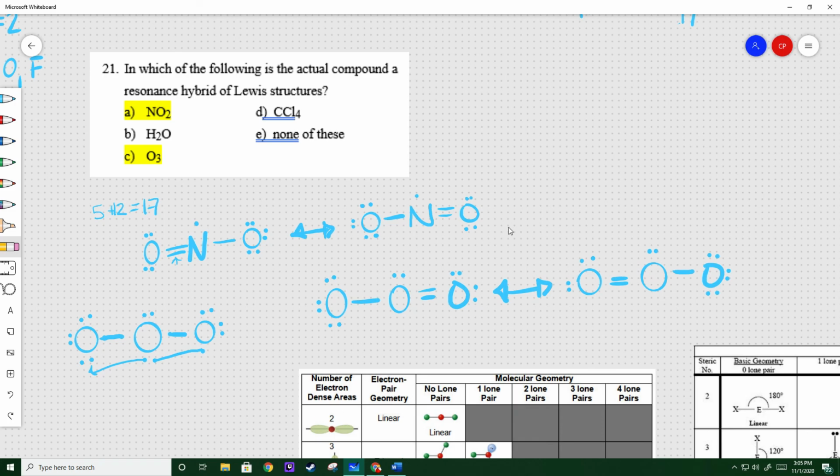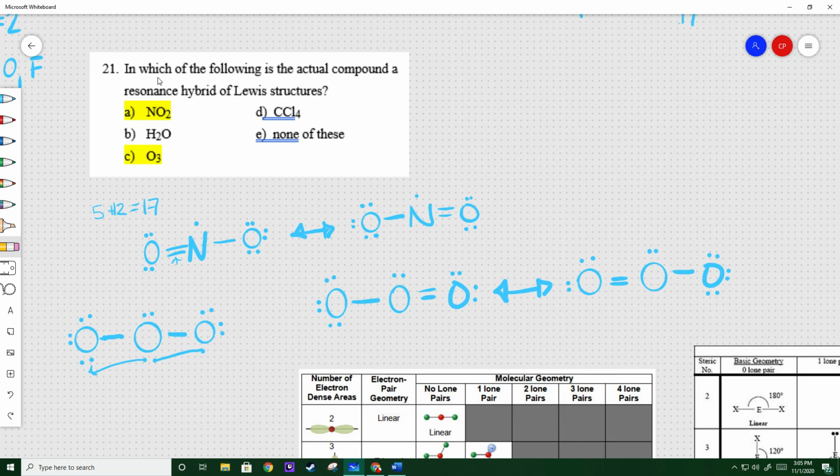And you can see it goes back and forth and back and forth. The double bond moves between each oxygen. Okay? And that's literally what it's saying. That's what resonance is when you have a double or triple bond and it can go back and forth between different atoms because they're the same atom. They have the same number of bonds possible and the same number of electrons possible.